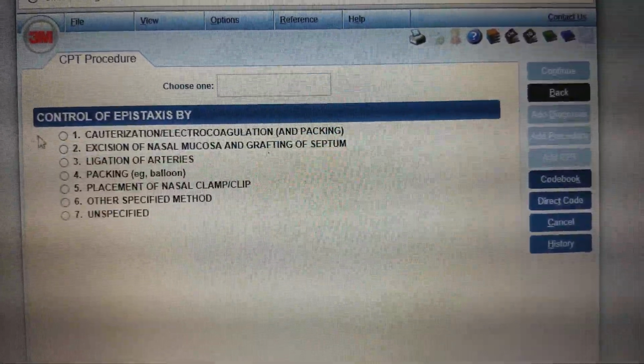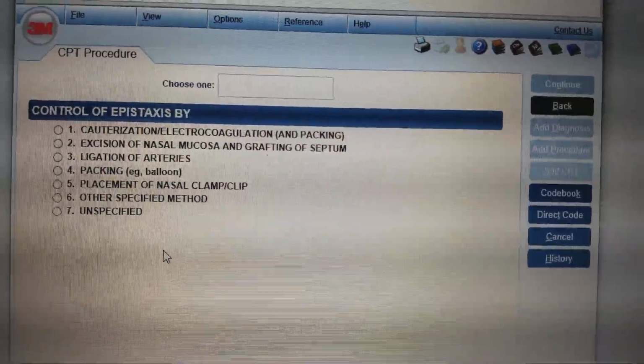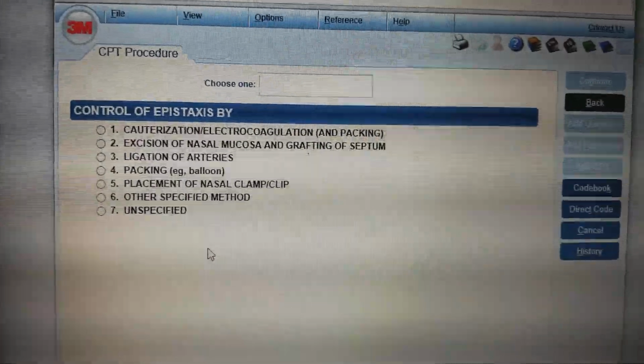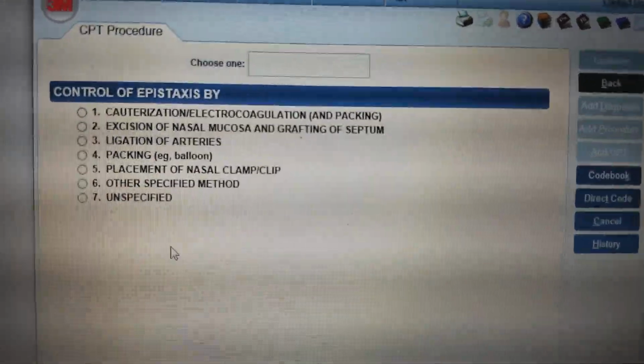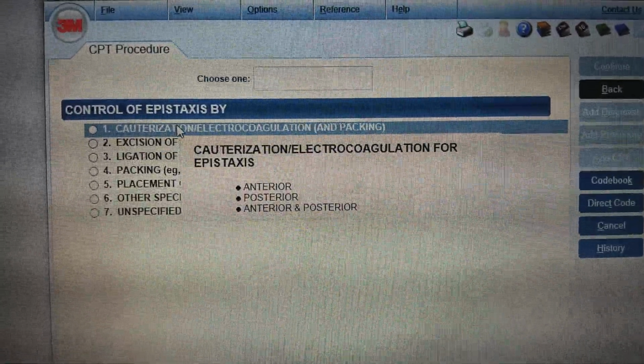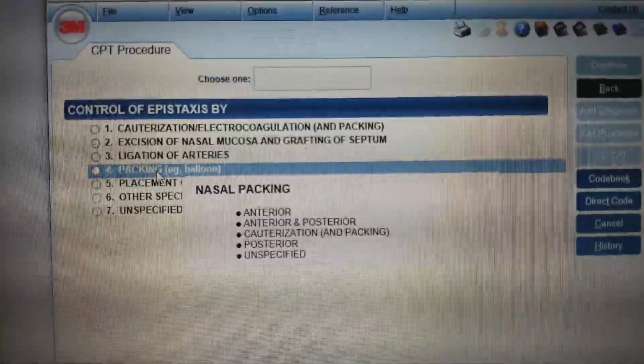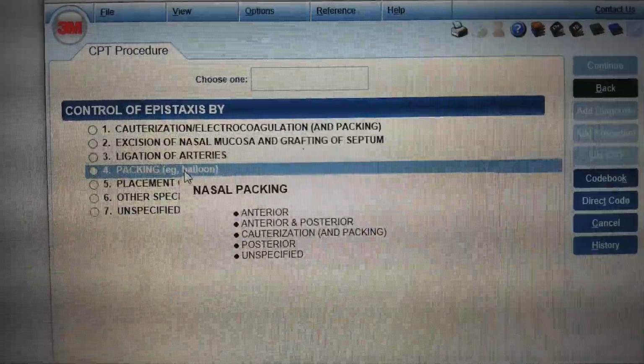And there we go. It just took a second. So now the choices are, like we read before when we were hovering, and we want to go with the very top one because I know that there was packing, and I know that we have down here packing with a balloon.